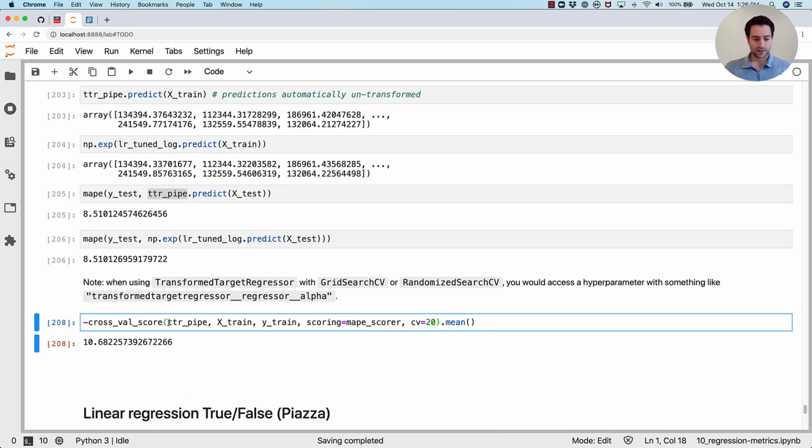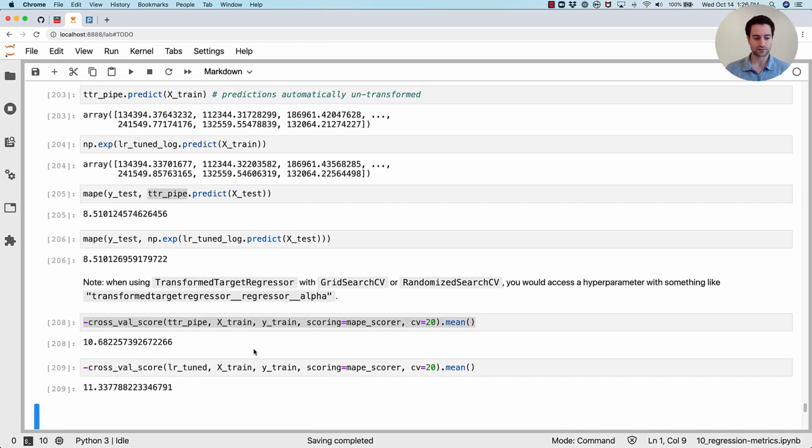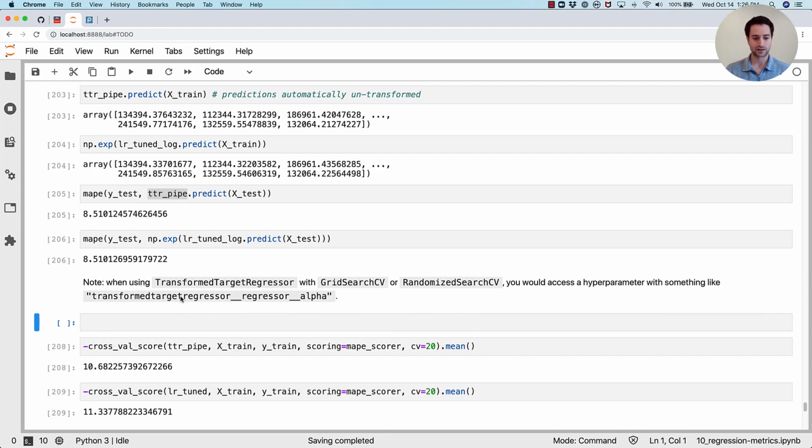Yeah, so now I can compare the MAPE score of the original thing to the log transform thing finally. And voila, the cross-validation MAPE was 11% without log transforming, and now it's a bit lower with log transforming, and I'm already doing a lot of folds of cross-validation, so we can start to feel a bit more comfortable with that.